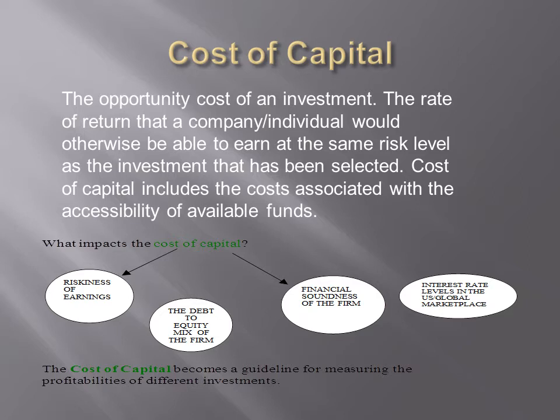How financially sound is the firm, and what interest rate would you be charged for this amount of money? So all of these are considered what we talk about as costs of capital, and they are vital when you're making investment decisions.